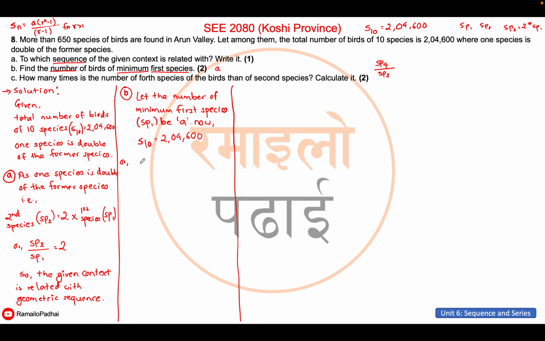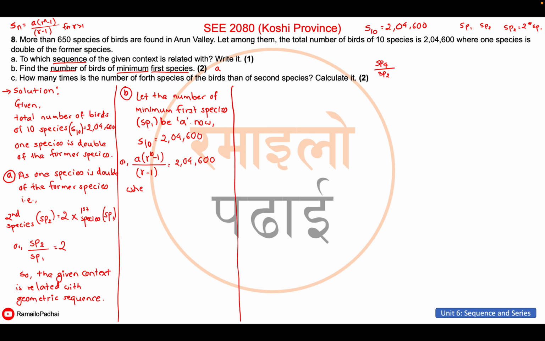So n is equal to 10, we will write a as a, r as r, n is 10, so r to the power 10 minus 1 upon r minus 1 is equal to 2,04,600.